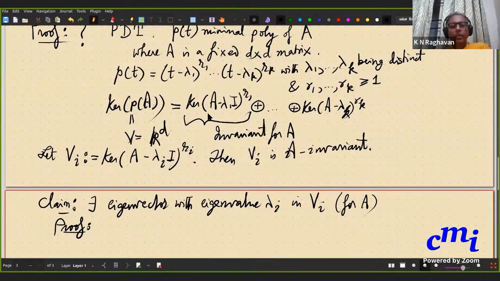In this subspace, I'm claiming that there exists an eigenvector with eigenvalue lambda i. How would you prove that?